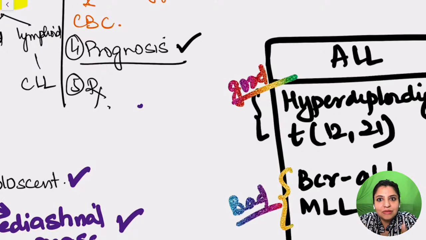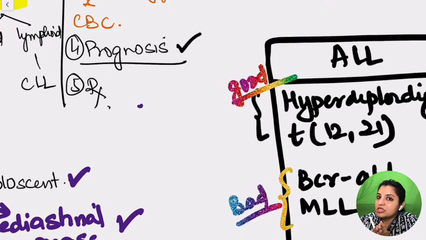Testis is present in males, so males have poor prognosis in ALL. Age group is normally 1 to 10 years. Anything different from that, less than 1 year or more than 10 years, is poor prognostic. CNS and testis involvement is poor. Mutations: hyperdiploidy and 12;21 are good. Others are bad.